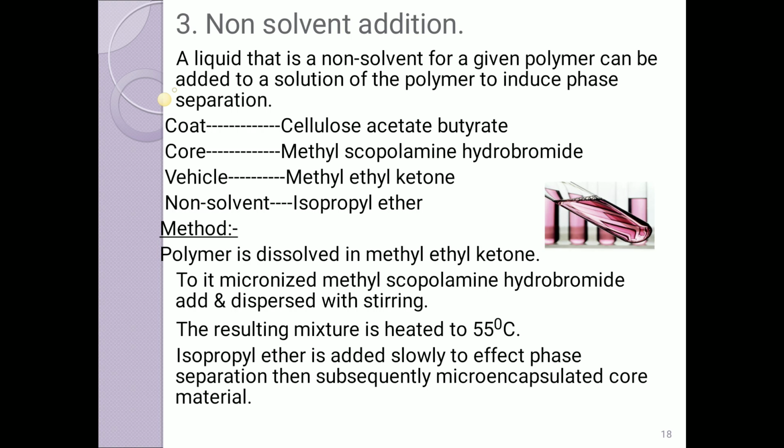The resulting mixture is heated to 55 degrees Celsius. The drug and polymer are well mixed and soluble in methyl ethyl ketone. But when the isopropyl ether is added slowly, phase separation occurs, and subsequent microencapsulation is obtained.